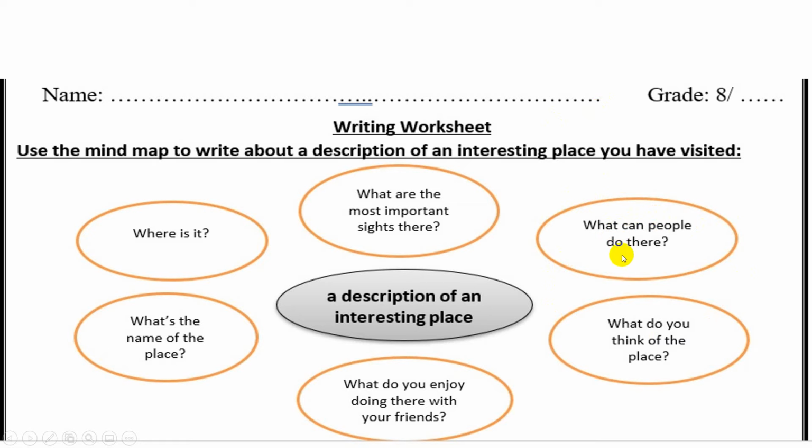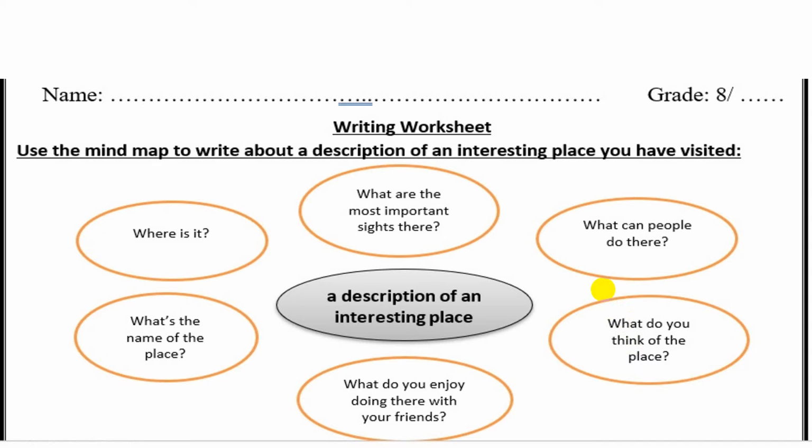What can people do there? They can, for example, swim. They can, for example, walk, eat, whatever. Then, what do you think of the place? Talk about your opinion here. You find it interesting, exciting, or dangerous. Talk about your place.